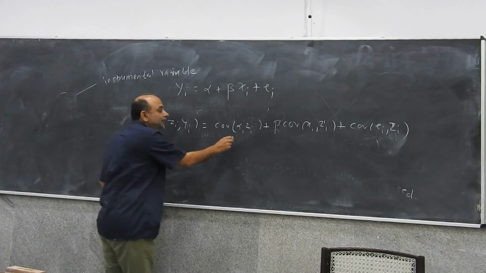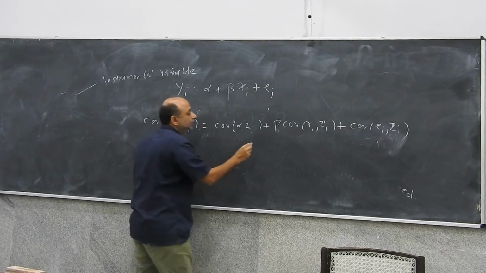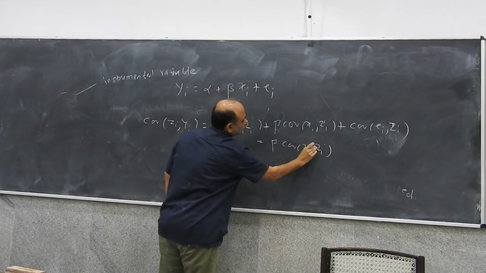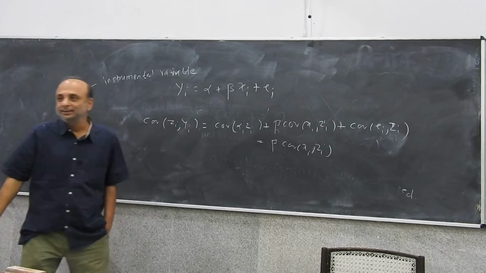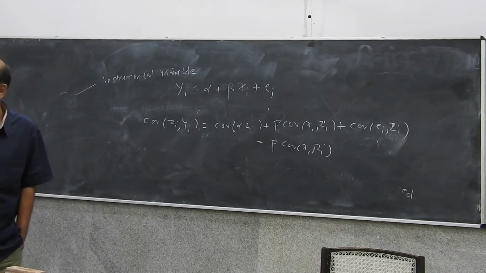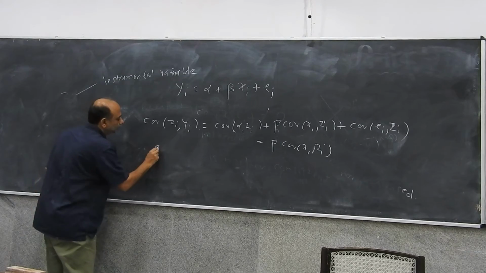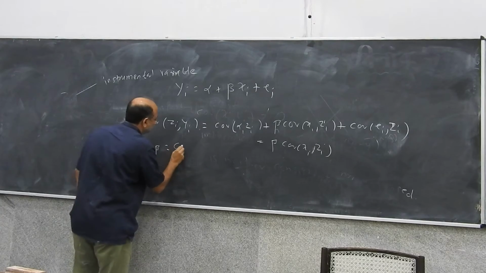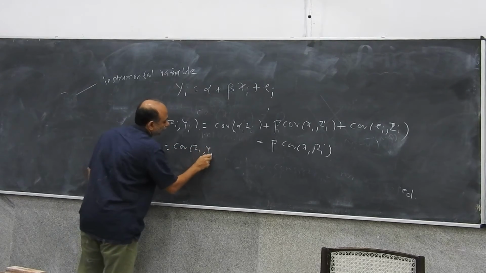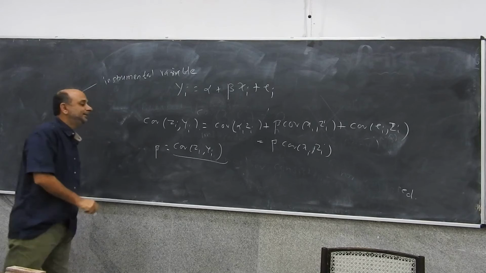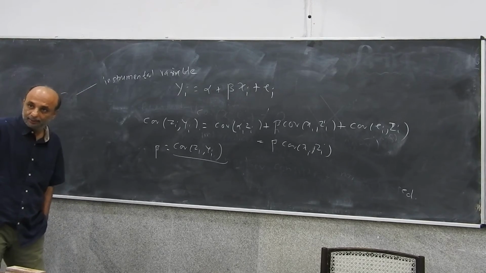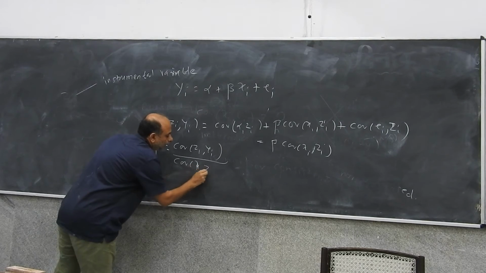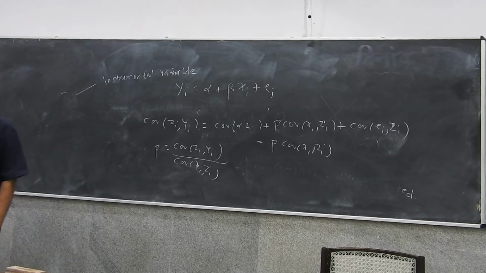Okay? This by definition is 0. So this is equal to beta covariance xi zi. And therefore, beta can be obtained as covariance zi yi upon covariance xi zi.